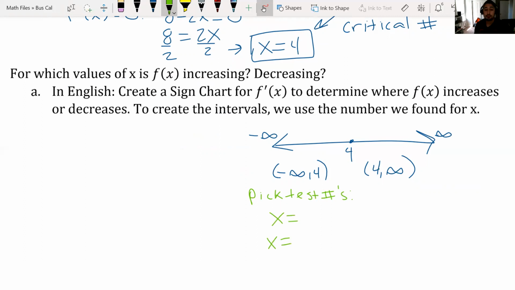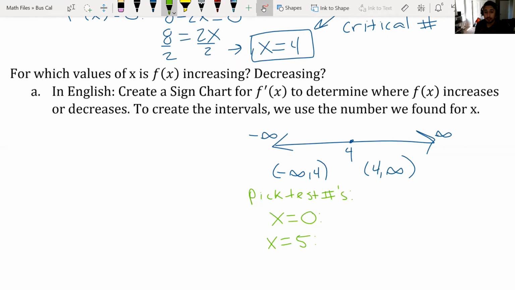And now, from negative infinity to 4, we can pick any number we want. And the easiest number to pick in there should be 0. And now from 4 to infinity, we can pick any number we want. And the easiest number to pick there is going to be 5.